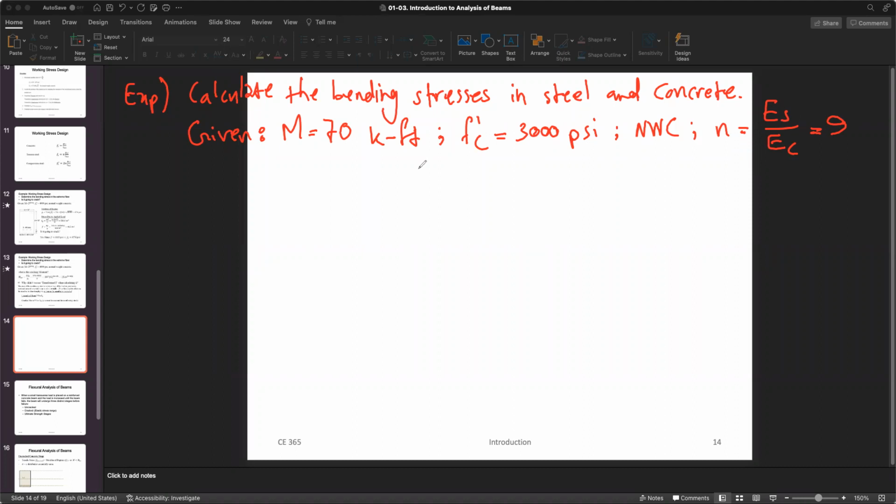Okay. And let's look at the cross section. The cross section is like this. It is 12 inches here. It has 3 reinforcement. 17 inches and 3 inches, so totally it would be 20 inches, right?